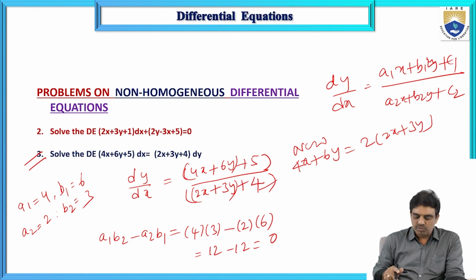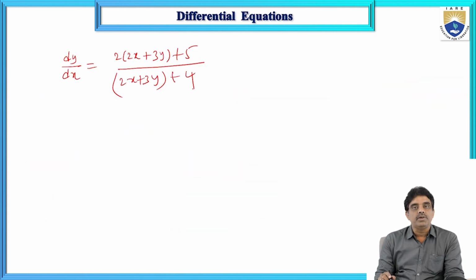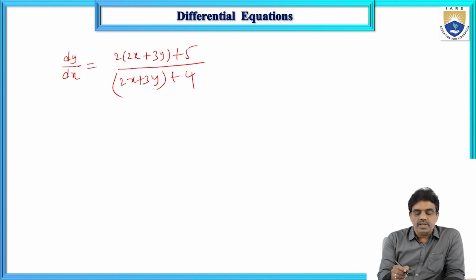The constants I am writing as they are, because a1 b2 minus a2 b1 is equal to 0. If not equal to 0, we go for another procedure. If it is equal to 0, then we can express either numerator or denominator in terms of the other.